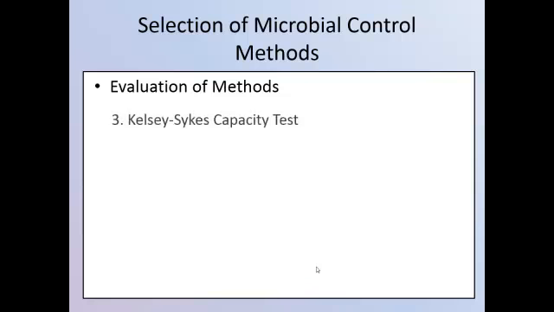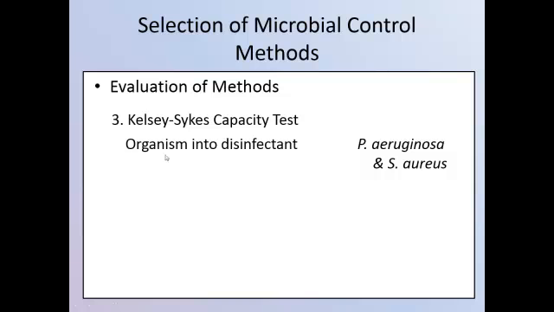This one, the Kelsey-Sykes capacity test, is more commonly used in Europe. So in this one, we also have test organisms. We have a gram-negative and a gram-positive that we're testing against, medium-level resistant organisms, and we put the organism into the disinfectant.